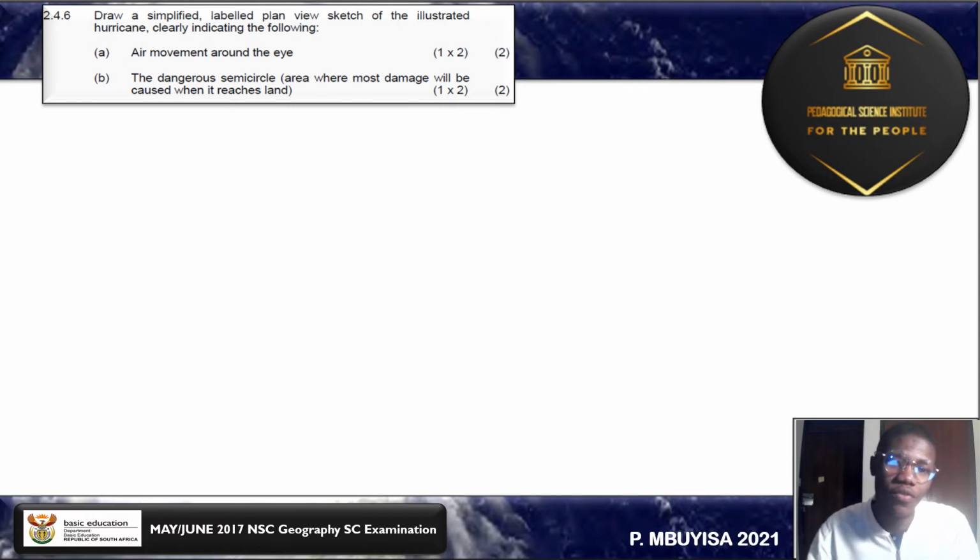And then 2.4.6 says, draw a simplified labeled plan view sketch of the illustrated hurricane, clearly indicating the air movement around the eye, the dangerous semicircle or area where most damage will be caused when it reaches the land.